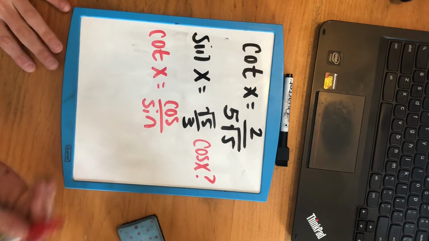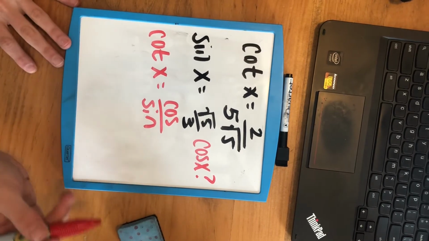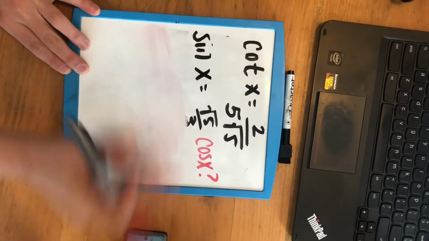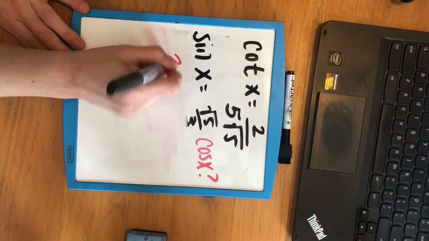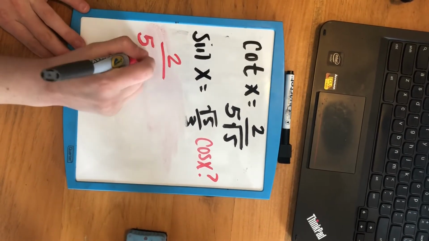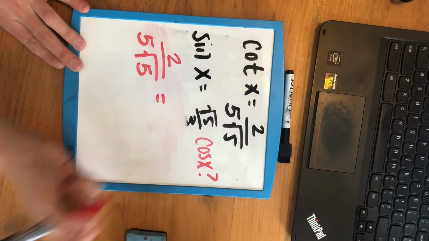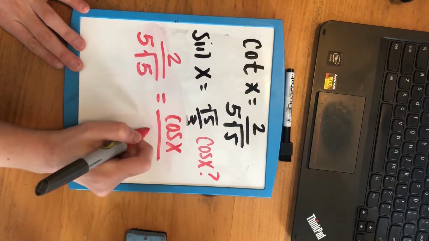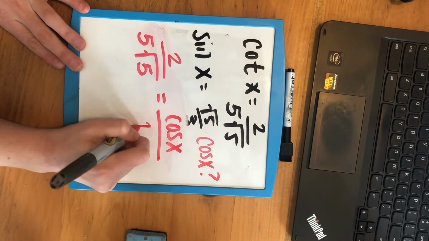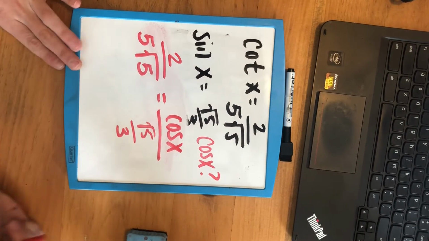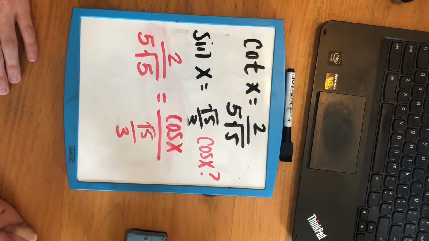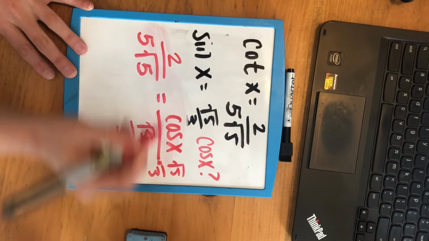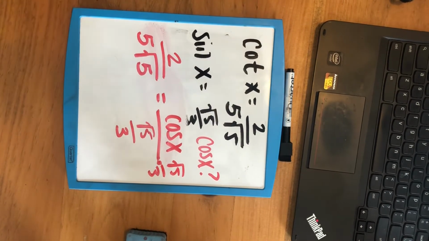Okay, which means we know that 2 over 5 square root of 5 is equal to cosine x over square root 5 over 3. Well, to do this, we're going to now just multiply by the square root of 5 over 3 on both sides.